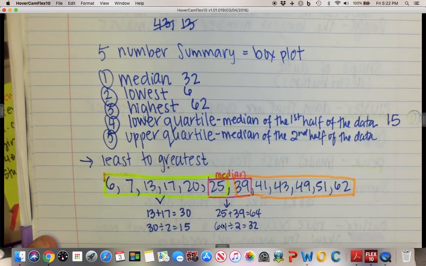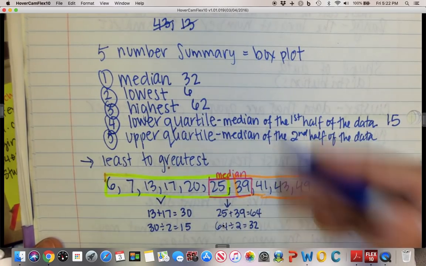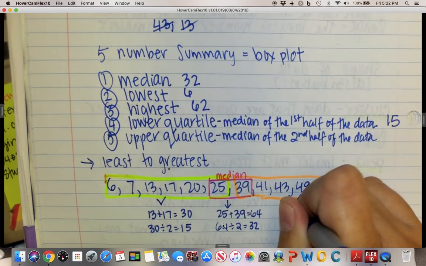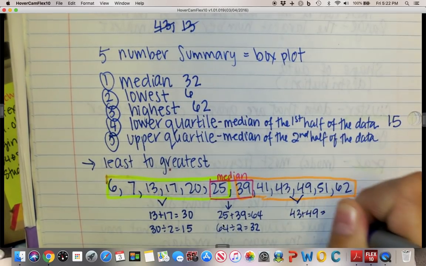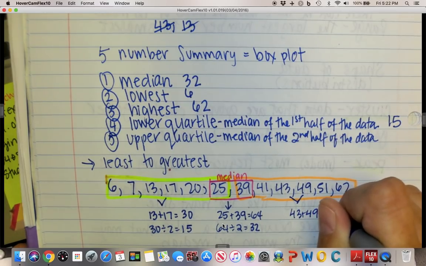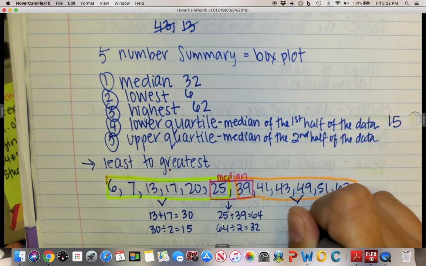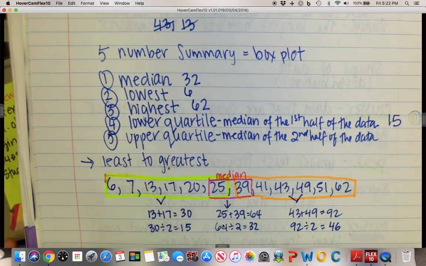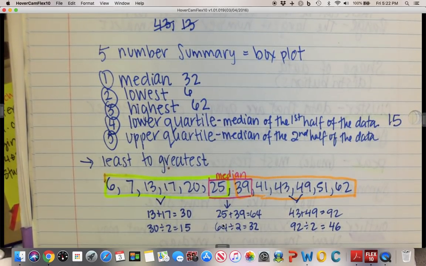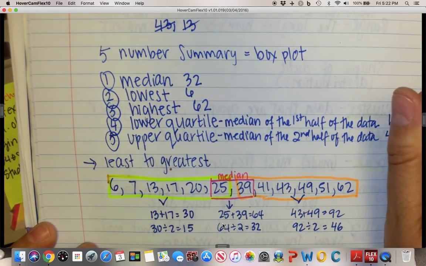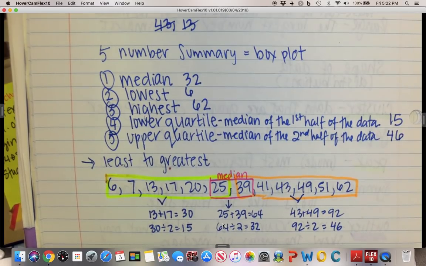The 2 in the middle are 43 and 49. Added together is 92. 92 divided by 2 is 46. So the upper quartile is 46.